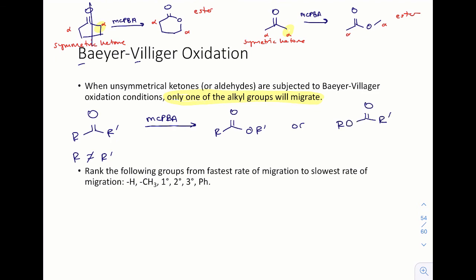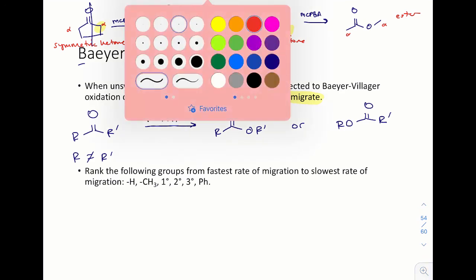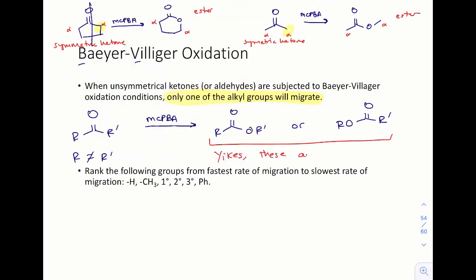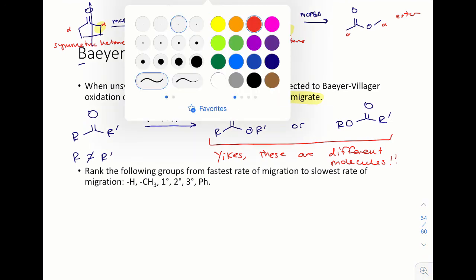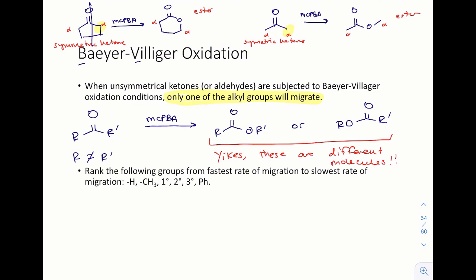And these are two different esters. It's not ideal to get two different products or multiple products from a chemical reaction. All right, well, the good news is that different alkyl groups migrate at different rates. So there actually can be some selectivity in these Baeyer-Villiger reactions.